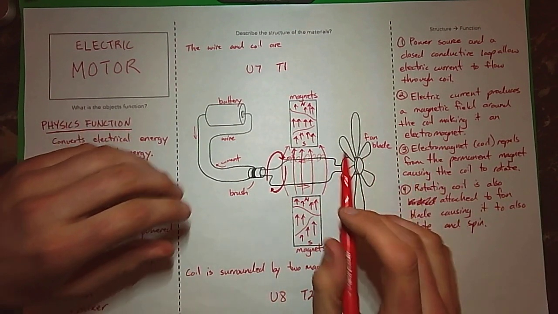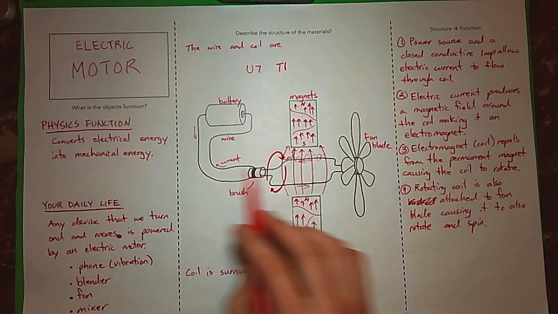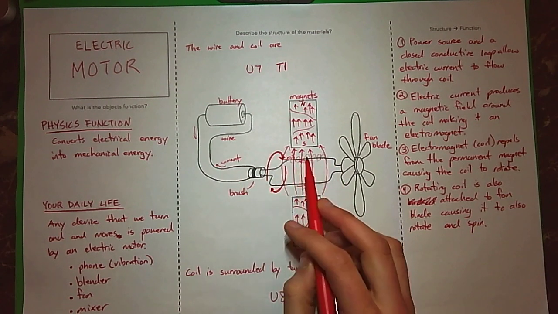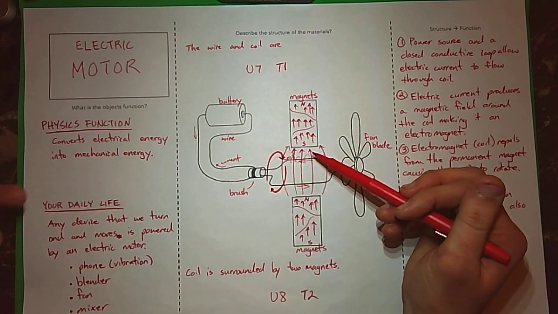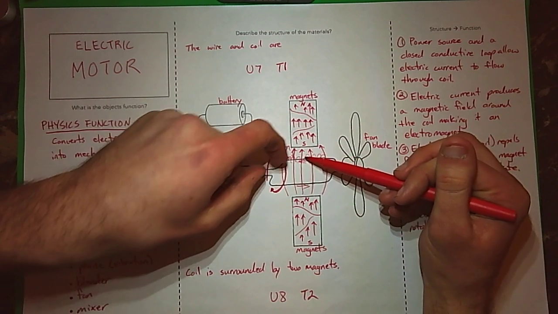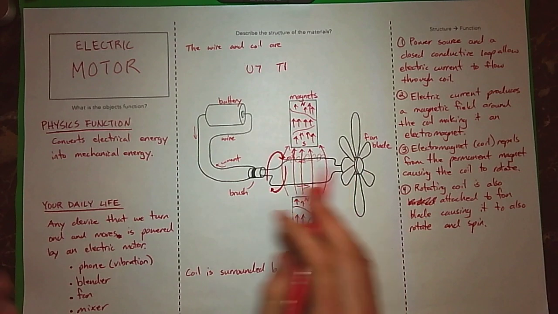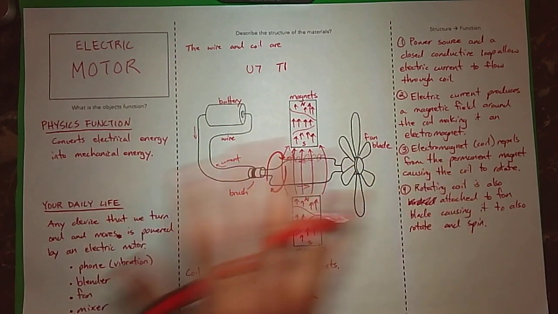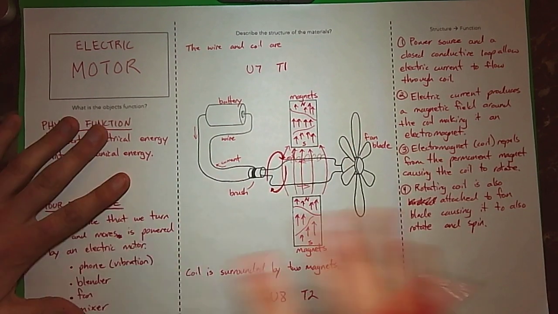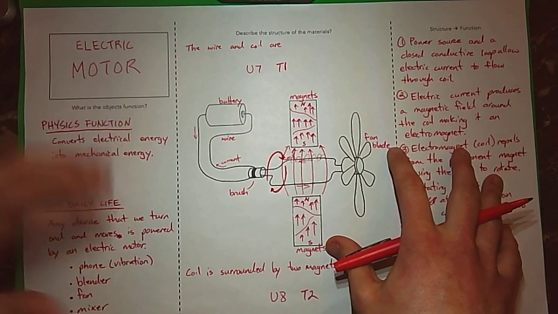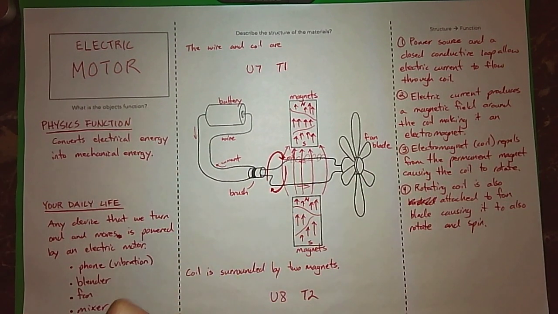So in this case, what we care about is that we have current running through our coil, it produces magnetism, and because of that, this magnet now repels from that magnet. We don't care about the alternating current in this case, or any type of changing magnetism. Just that electricity generates magnetism in this case, and maybe for some of your objects later on, that magnetism generates electricity.